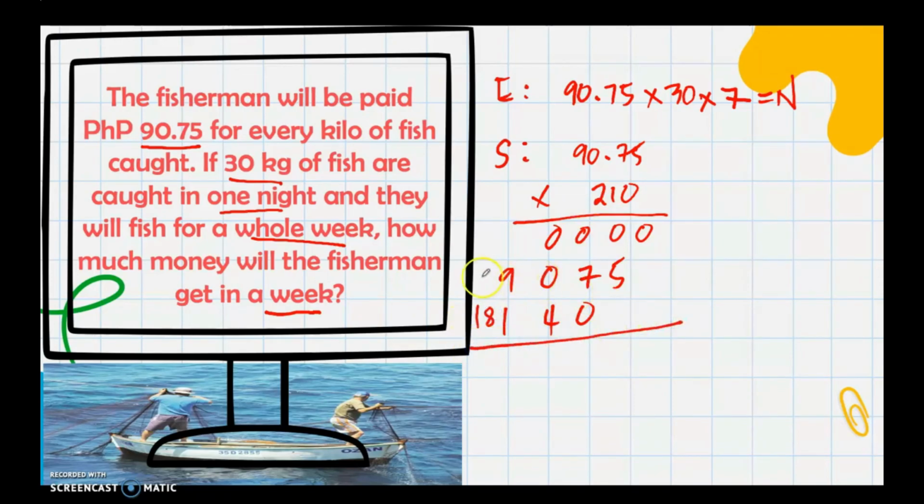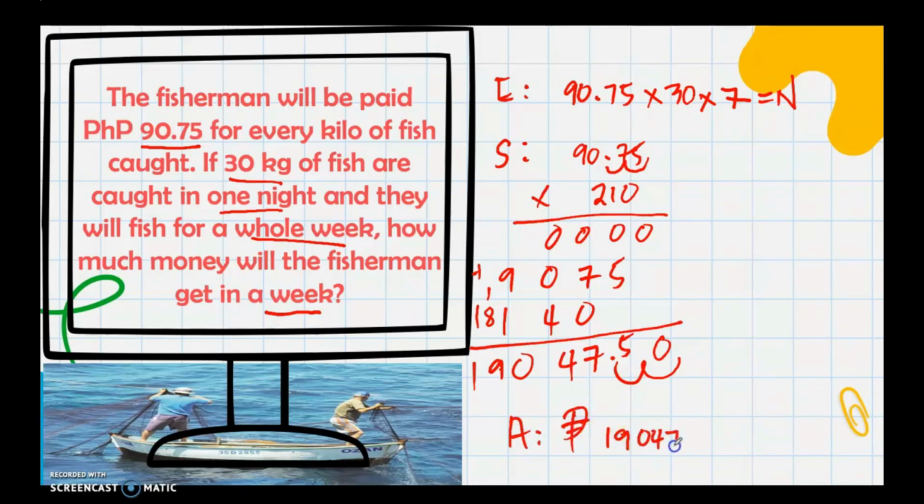Okay, then let's add 0, 5, 7, 4, 10, carry 1, 9, 1. Then count the decimal places or the digits. 1, 2. There's no decimal point in the other factor, so 2 from here. Okay, so the question is how much money will the fisherman get in a week? It is 19,047 pesos and 50 cents. Wow, it's a big amount of money.